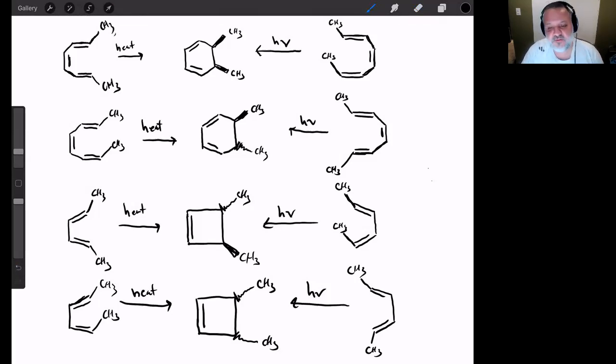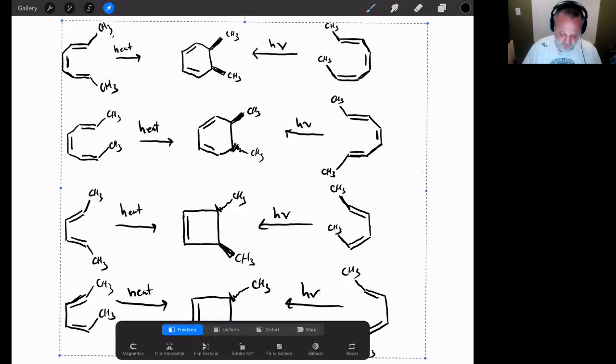Your first option is to memorize this chart. Your second option is to understand why this is, or to use the power of molecular orbital theory to explain the outcome of these reactions. And so if we were in a classroom, I'd put these on a reaction board and say, here's some reactions that you have to know.